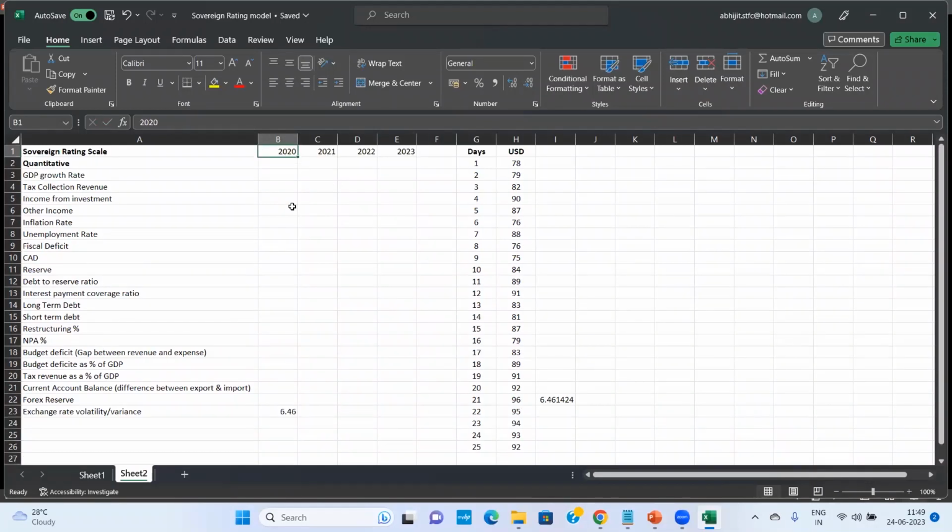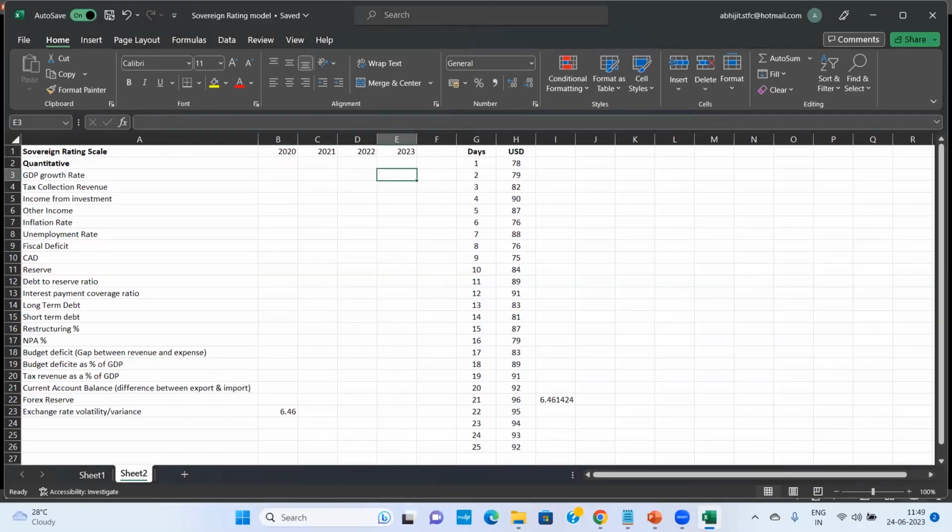I'm not asking about the benchmark. These can be available in open source, right? These are all open source data. I can find out the GDP growth rate for 2020, 2021, 22, 23, and I can put all this data, right?